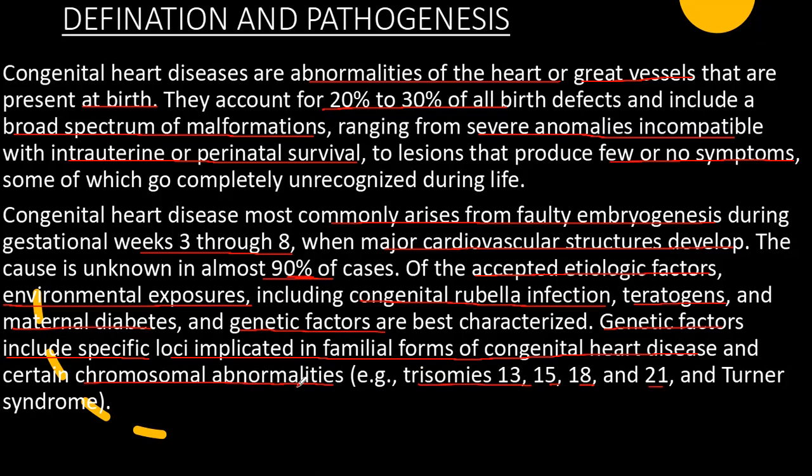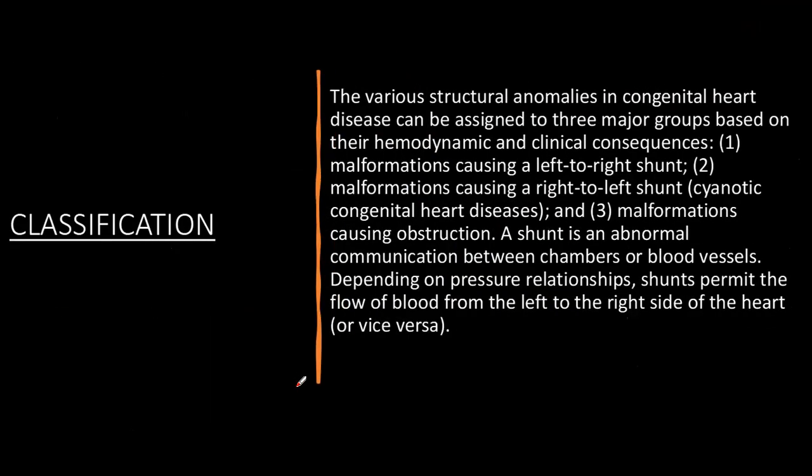Okay. Now, let's look at how to classify these congenital heart diseases. They are usually classified based on their hemodynamic and clinical consequences. You can classify them in two ways first. They can be shunt anomalies and non-shunt anomalies, okay?